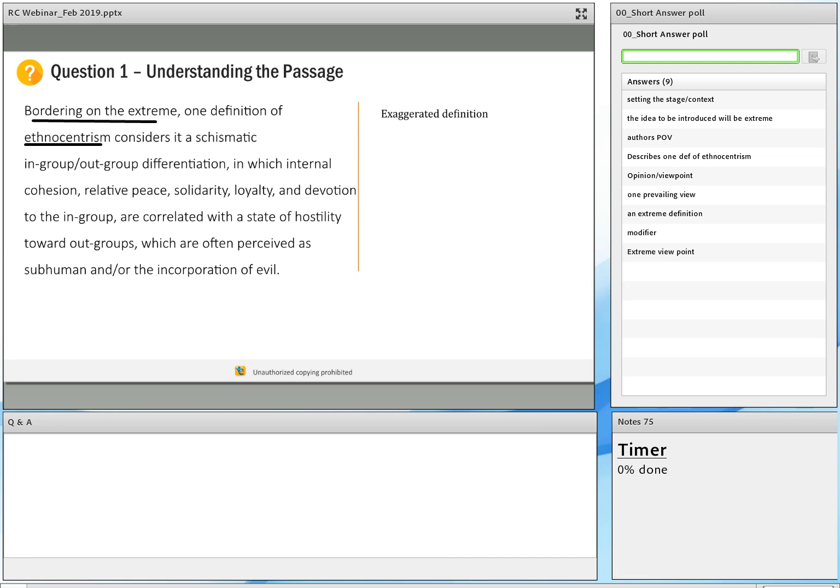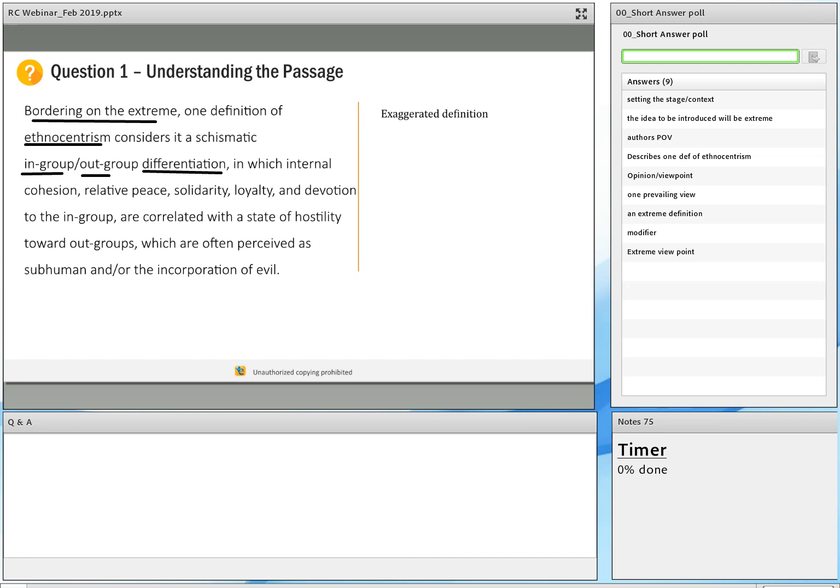So one definition of EC considers it a schismatic in-group out-group differentiation. Okay, so there's a differentiation between something called in-group and out-group. Again, you may not understand this completely, but it's important to understand that the differentiation is between these two terms, in-group and out-group. And what's that?